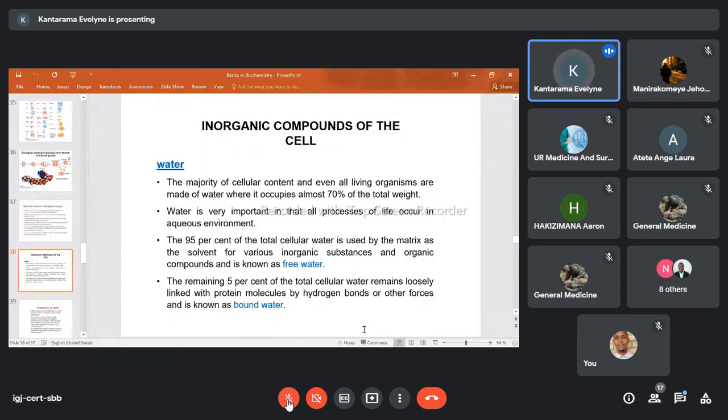Inorganic compounds of the cell. Now we are talking about the cell. In the cell, we have water. The majority of cellular content is water, and 70% of a living organism, let's say our body, of our total weight is made of water.